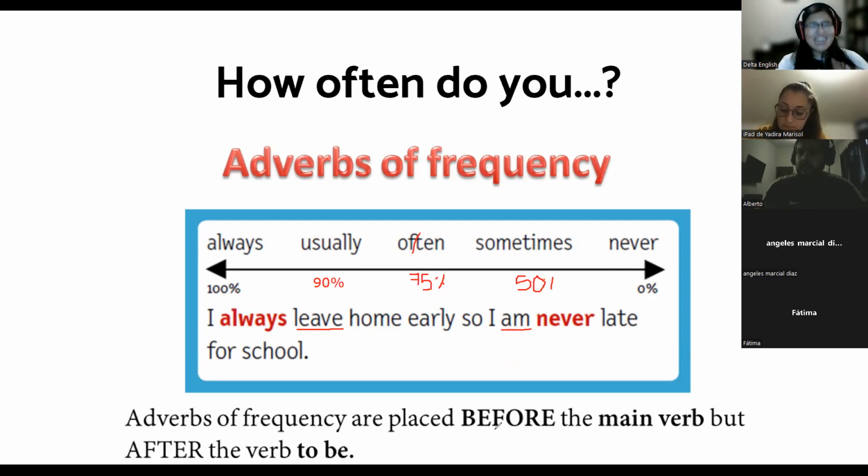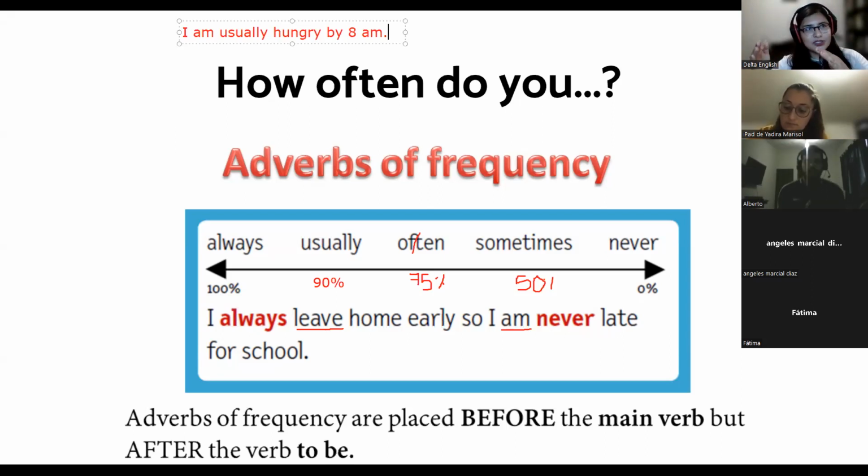So, let's go ahead and practice. Let's see if we can get a few sentences on the board before it's time to go. I am usually hungry by 8 a.m. I am usually, so verb, adverb: be, adverb.